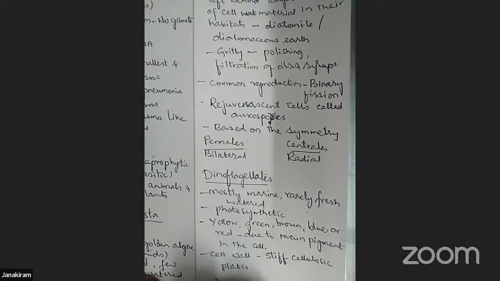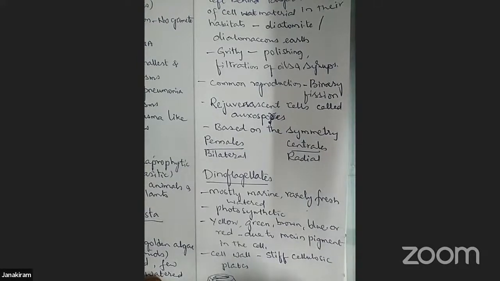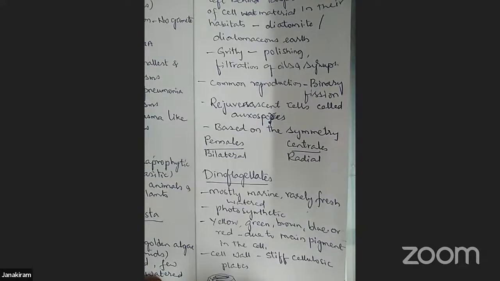If you observe the structure, this is a diagram of a Gonyaulax. It has two flagella. One flagellum will be horizontal and one will be vertical, like this.